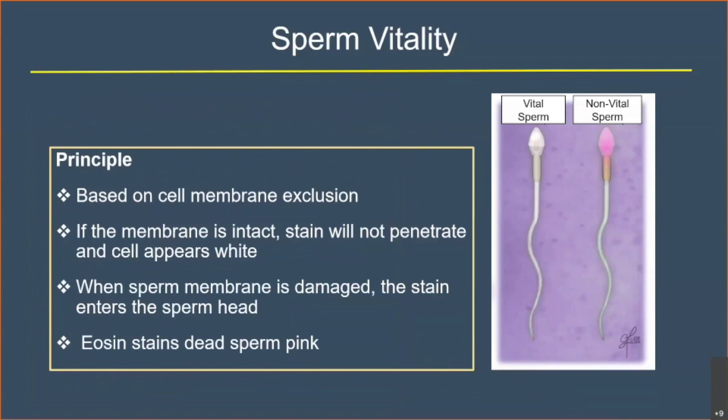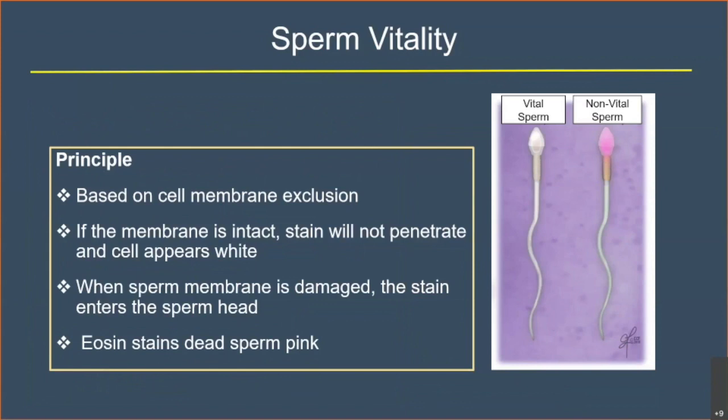The principle of the eosin-nigrosin staining for sperm vitality is based on the cell membrane exclusion principle. And what this means is that if the sperm is intact, the stain cannot penetrate the cell and the sperm will appear white.